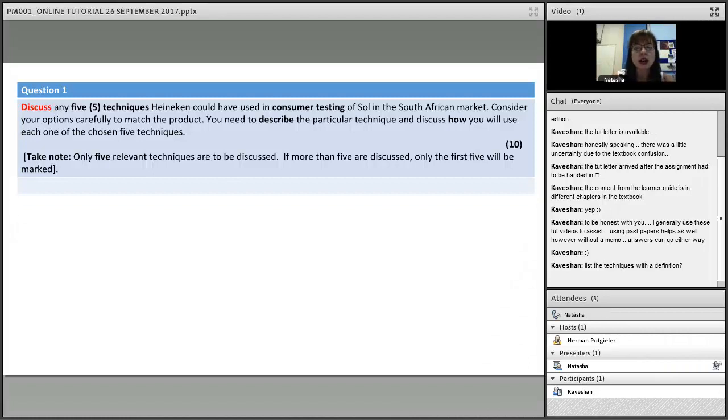You will see that we highlight certain words, and it is to your advantage to focus on what we highlight, but be very clear about what it is that we're actually looking for when we give you a particular question, for the sake of not losing marks.